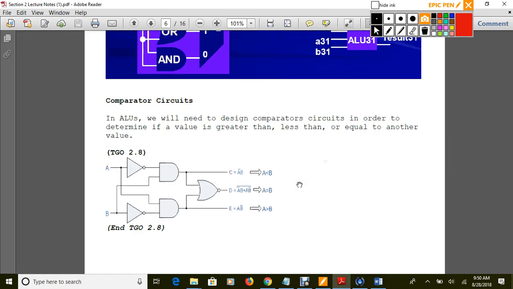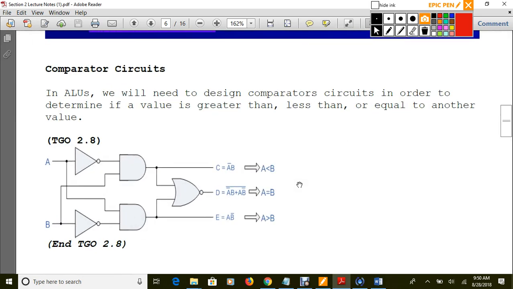So let me zoom it back in so you guys can actually see what I'm discussing. This particular comparator circuit allows me to determine 1-bit outputs for whether A is less than B, A is equal to B, and A is greater than B. In this specific case, C equals A-not B. What that means is that in a 1-bit comparator, A is going to be less than B if A is 0 and B is 1.